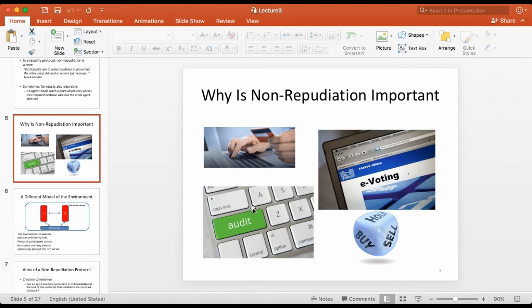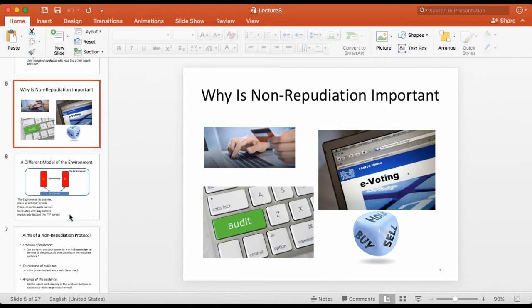Also, in auditing and accountability, you always need to be able to produce evidence that certain events have taken place, for example, that certain transactions have taken place. And that is, of course, the basis of all e-commerce. The idea that you can produce some kind of receipt of a transaction, or some kind of evidence that the transaction took place, is a very important one, without which we can't do many of these things.